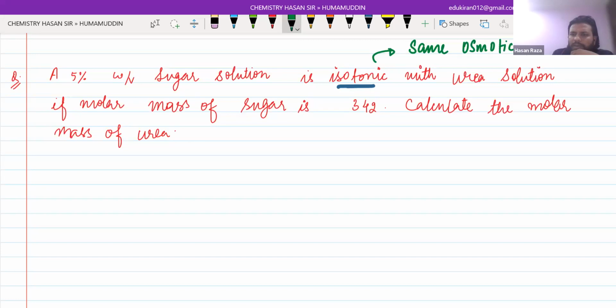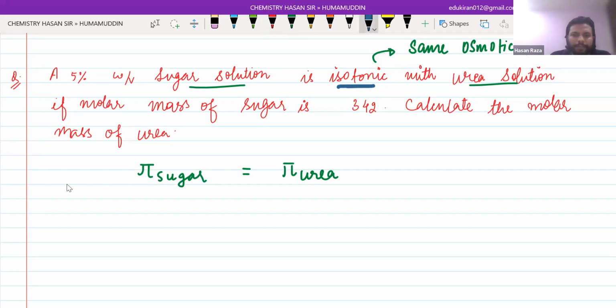As you can see, there are two solutions: the one with sugar solution and another is your urea solution. So let's say this is your osmotic pressure of sugar and this is your osmotic pressure of urea, and in the question it has been given that they are isotonic with each other. That means their osmotic pressures are equal.